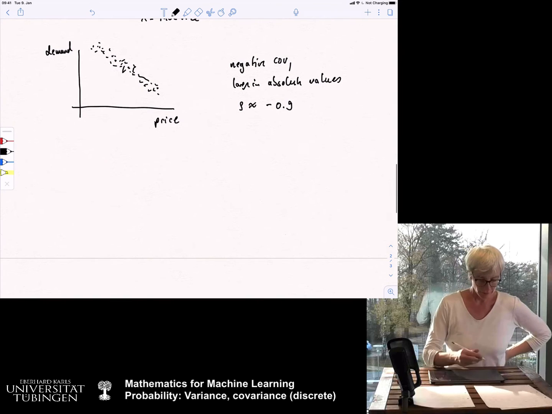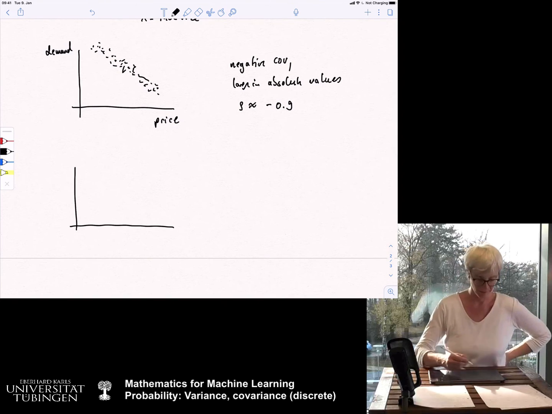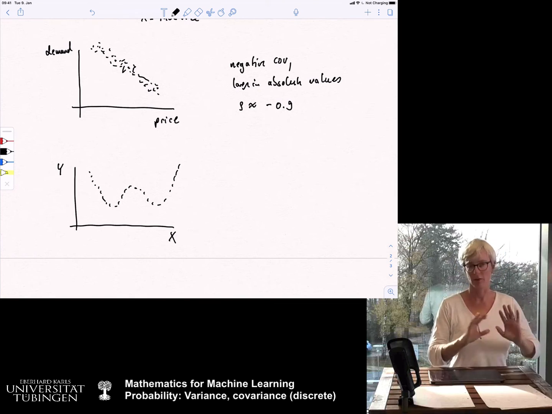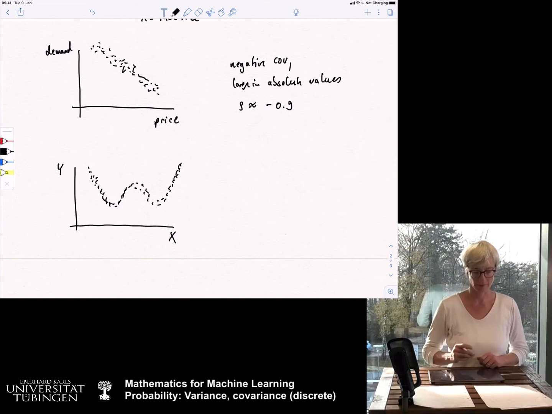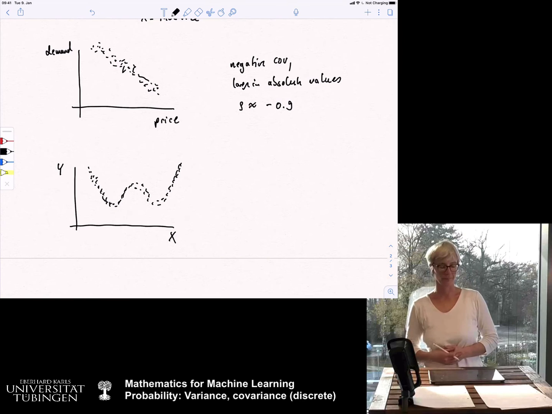Now I want to show you some more figures, and this is what I really want you to have in mind. You could also have a random variable that is distributed like that. So you have x, you have y. These are sort of abstract things. We sample lots of objects and always measure x and y, and it looks like this.